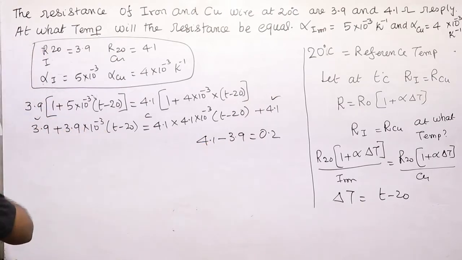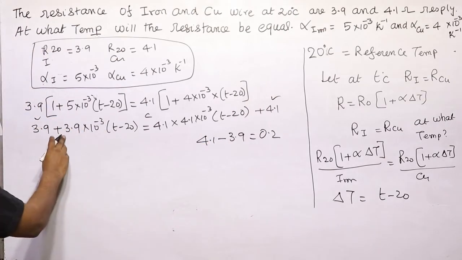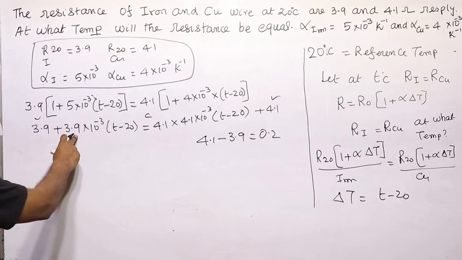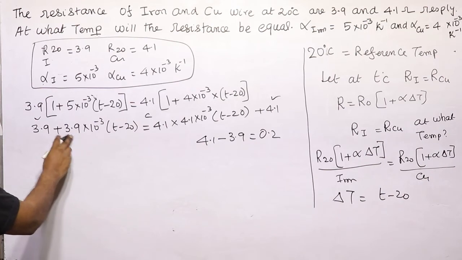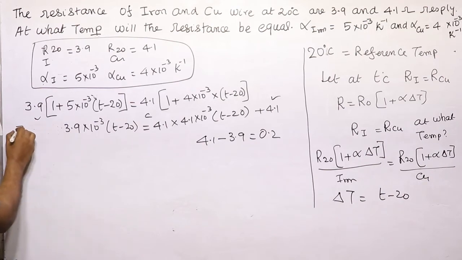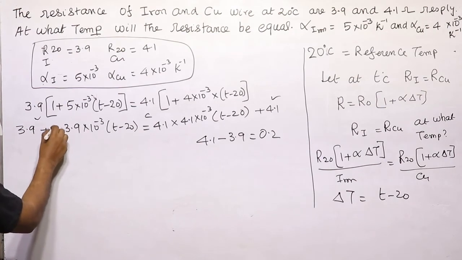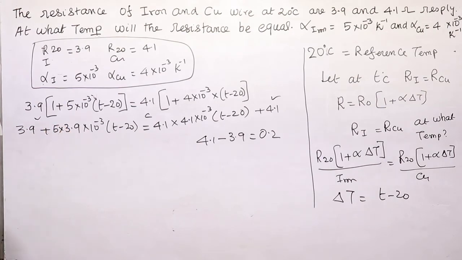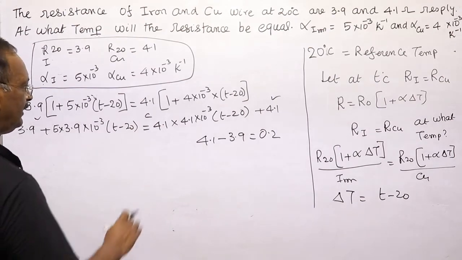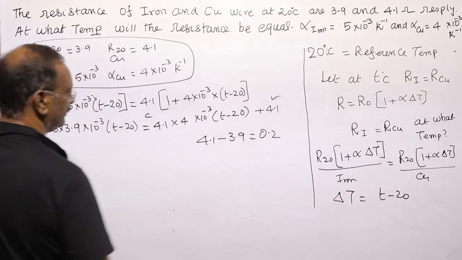It means now we have to bring this to this side. So this is 3.9 into 5, so this will be 3.9 plus 3.9 into 5, and this is 4.1 into 4 into 10 to the power minus 3.